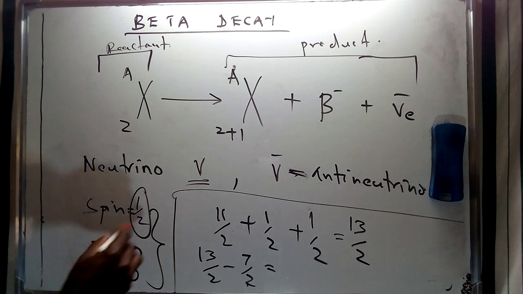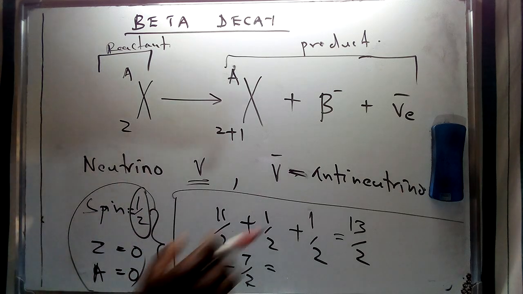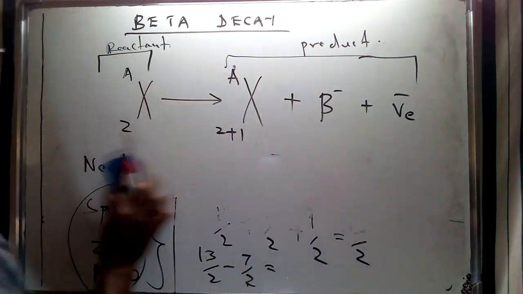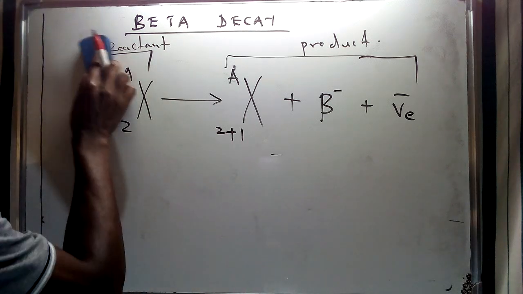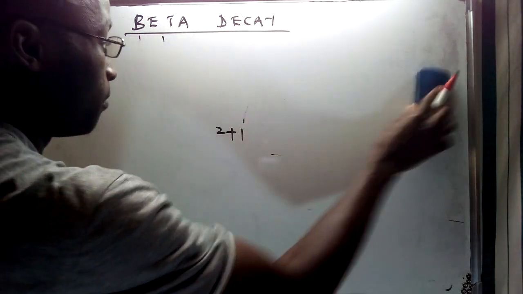So perhaps if I may give it in a clear way so that we can avoid confusion, I'm going to do away with these notes now that we have discussed it.